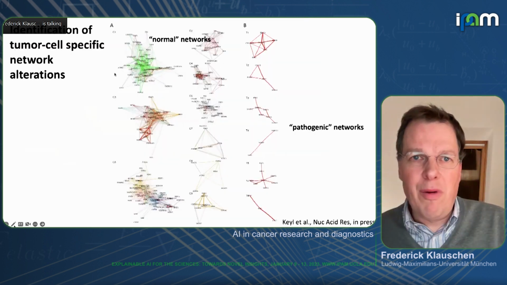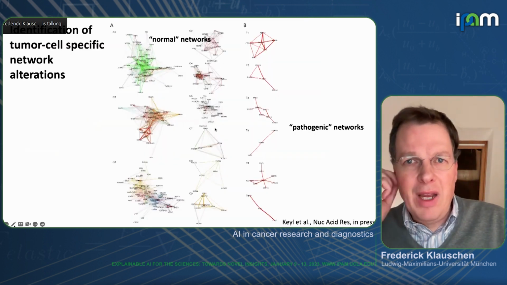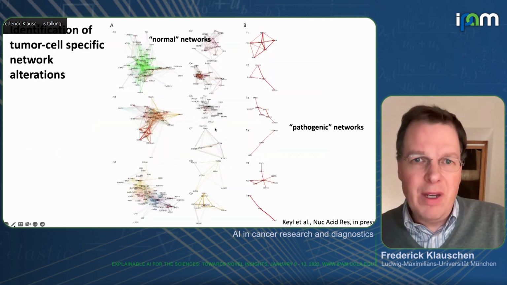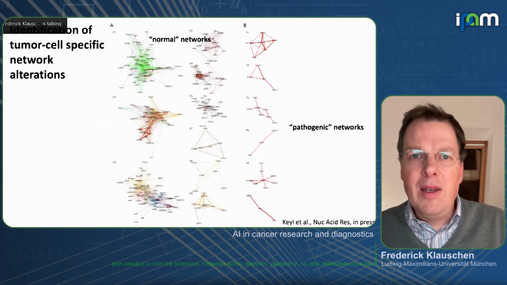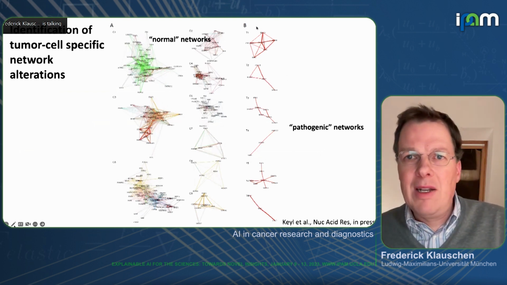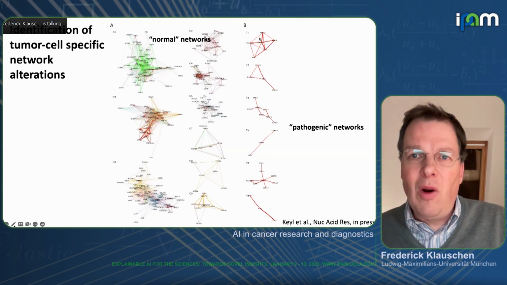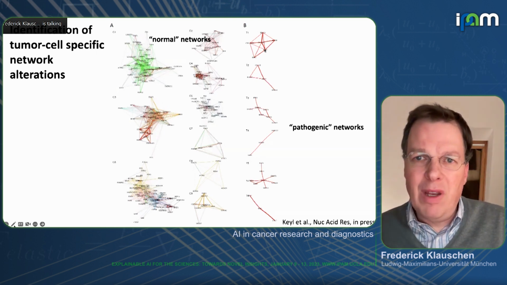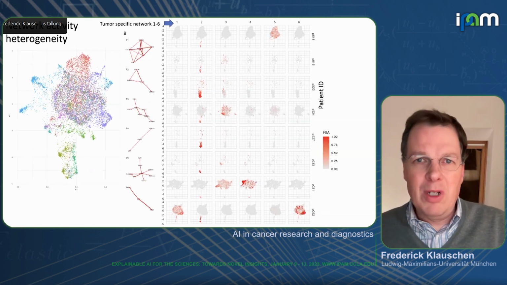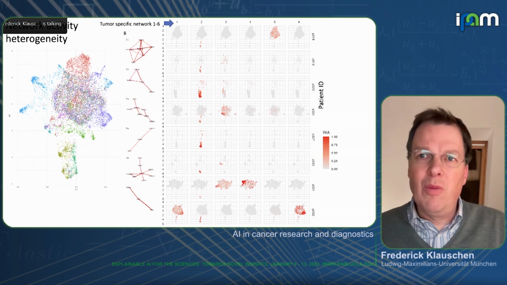And if we look further into that, we can now identify properties that are specific to the normal cells here on the left, and properties that are specific to tumor cells, and also properties that are specific only, and I'm just jumping for time reasons to the next slide, to certain subsets of tumor cells.